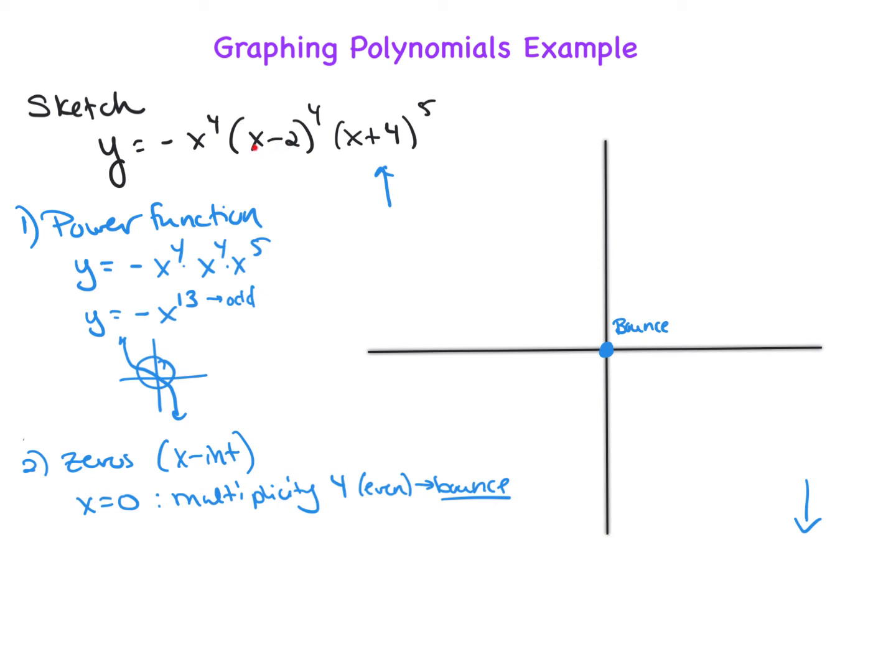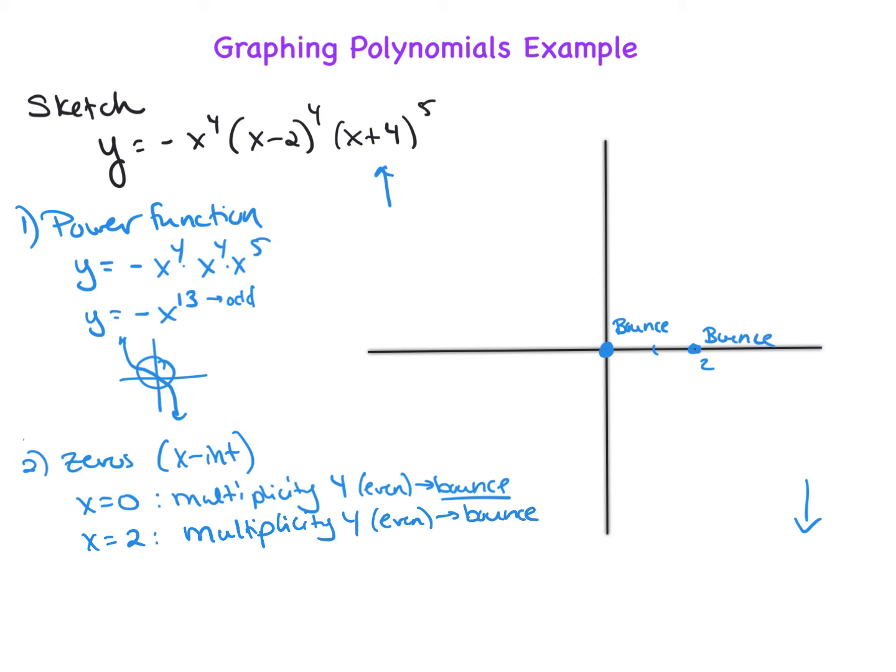The second intercept I have is x equals 2. So at x equals 2, I also have a multiplicity of 4, which is, again, even, and is another bounce intercept.